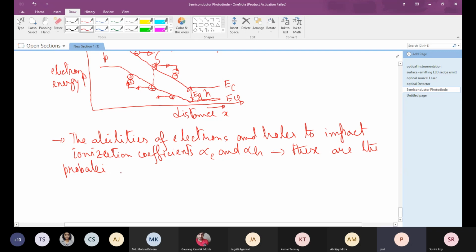So these are basically the probabilities of ionization per centimeter.